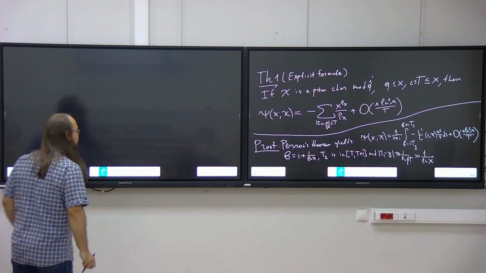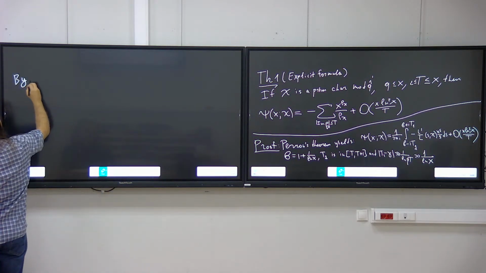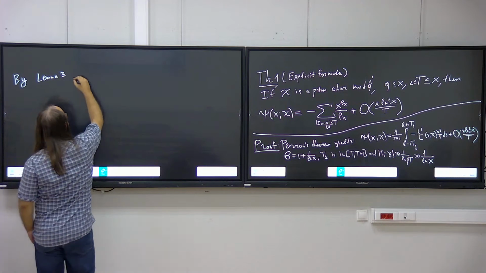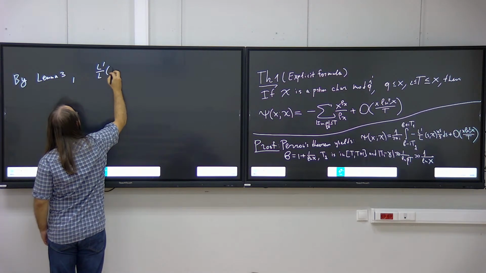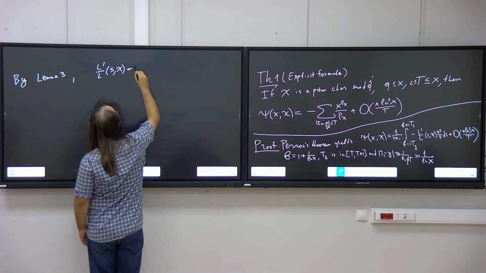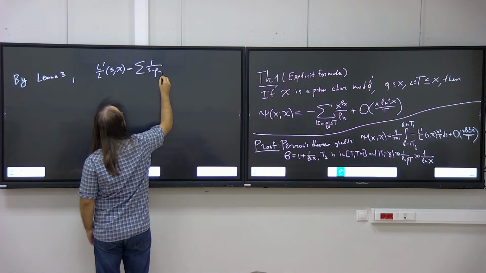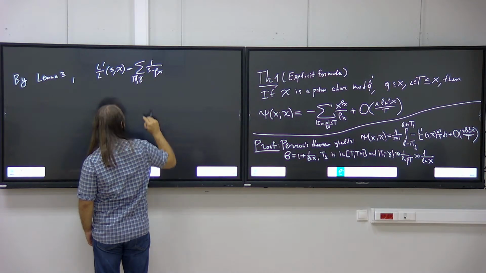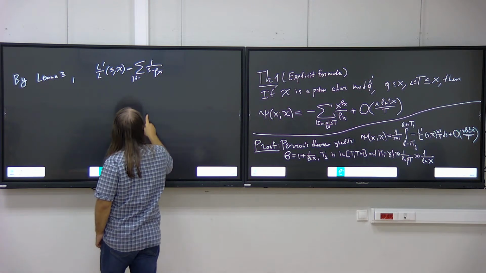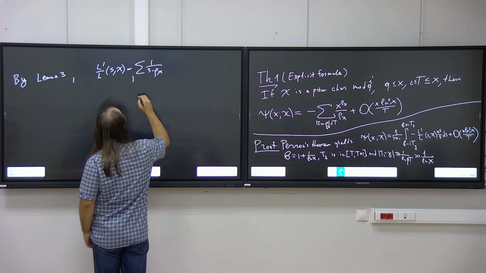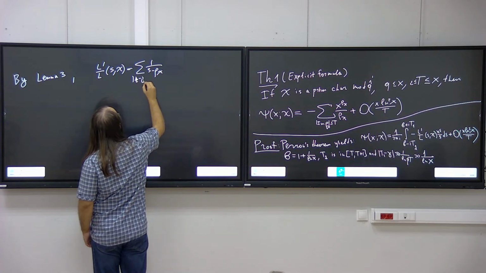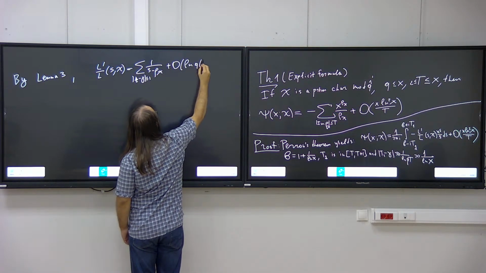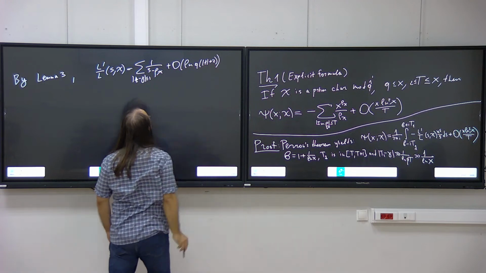Okay, now by lemma 3, L prime over L s chi is equal to the sum over t minus gamma less than or equal to 1 of 1 over s minus rho chi, plus big O of logarithm q absolute value of t plus 2.